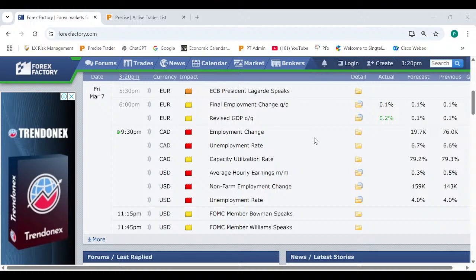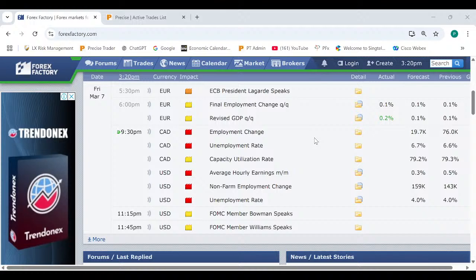previous was 76. And unemployment rate is previous was 6.6 and current forecast is 6.7, which means to say they are expecting a higher unemployment rate. And we are getting the US average hourly earnings.